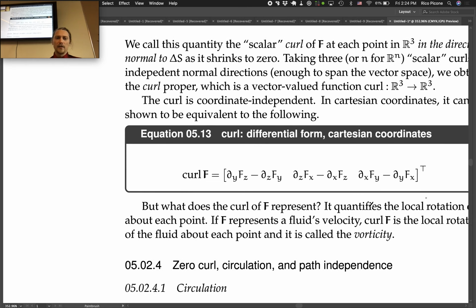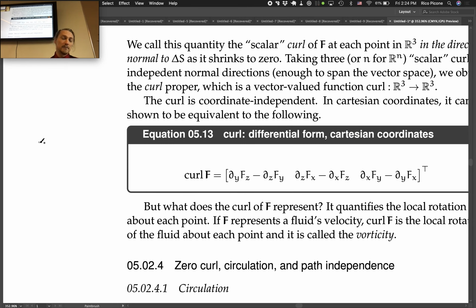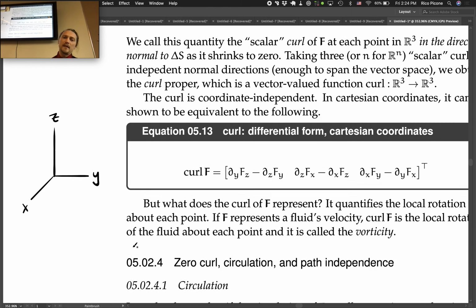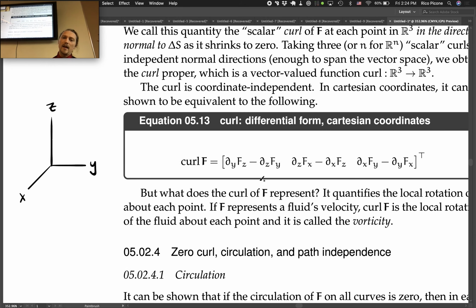If you've got a right-handed coordinate system, which we're always assuming, we've got x, y, z. Then the x component here, you're going to take partials with respect to the other 2 components of f, right?